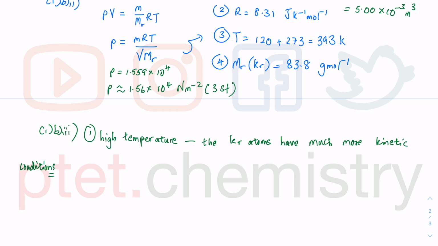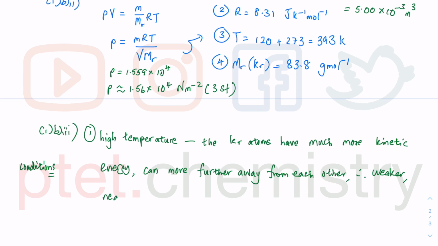If they have more kinetic energy, they can move faster, but they can also move further away from each other. If they move further away from each other, therefore weaker intermolecular forces, weaker or negligible intermolecular forces.